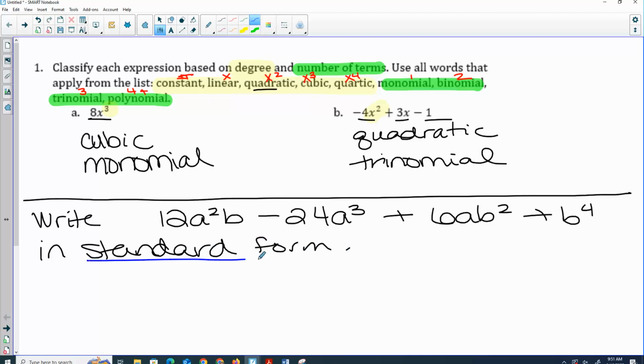Standard form means decreasing power, highest to lowest. But if you have multiple variables, you do alphabetical.